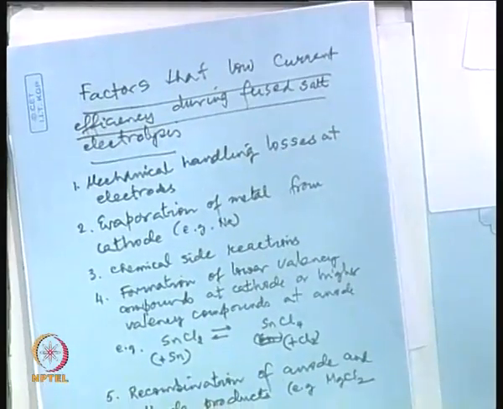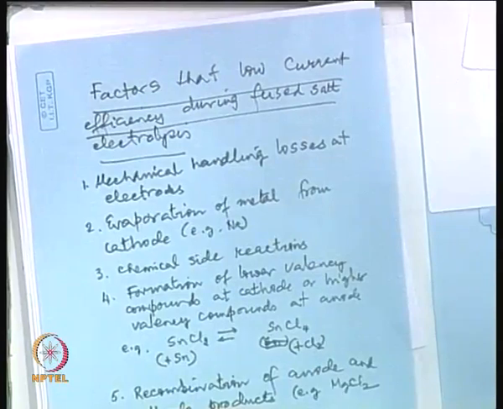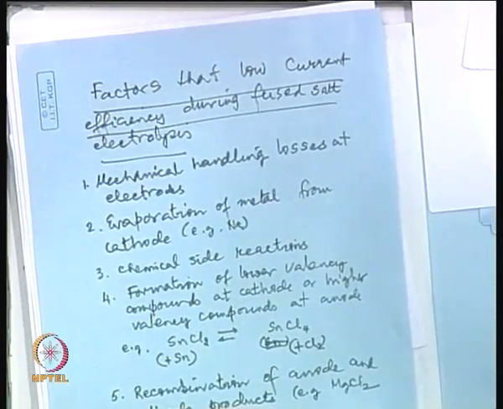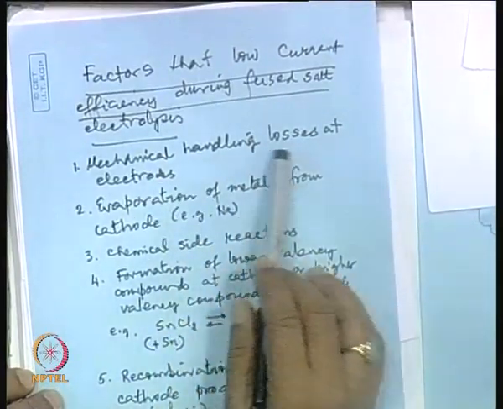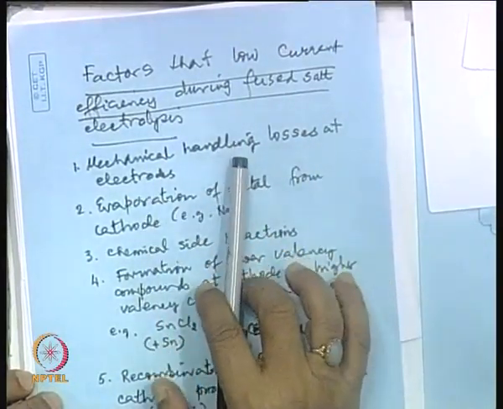Now, when we are doing fused salt electrolysis, there can be a problem that we will not get the current efficiency we want, because so many things can happen. What are the things that can happen? Firstly, there can be mechanical handling losses at the electrodes, meaning you have got the products at the electrodes, but the metal you are not able to collect for one reason or other.